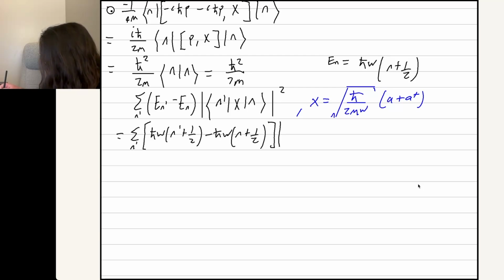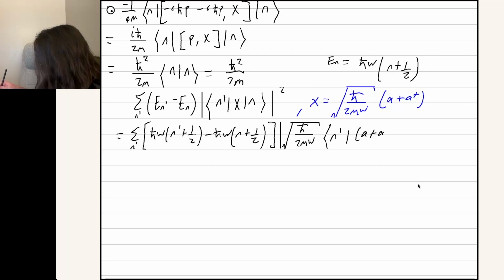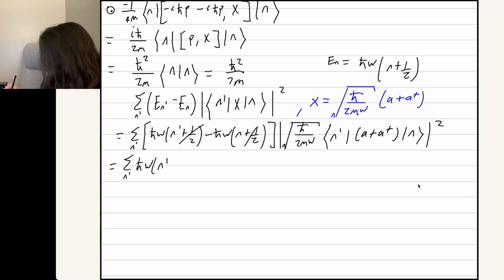And it's going to be multiplied by this squared, so I'm going to have a factor of h bar over 2m omega first of all, and the square modulus of n prime, a plus a dagger, n. We'll get a little bit of cancellation. This one half will cancel this one half, so we'll just have h bar omega times n prime minus n.